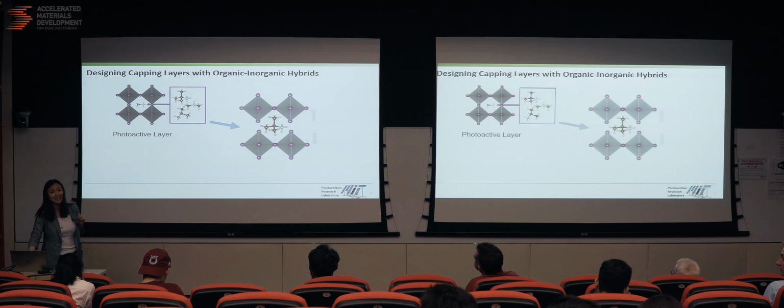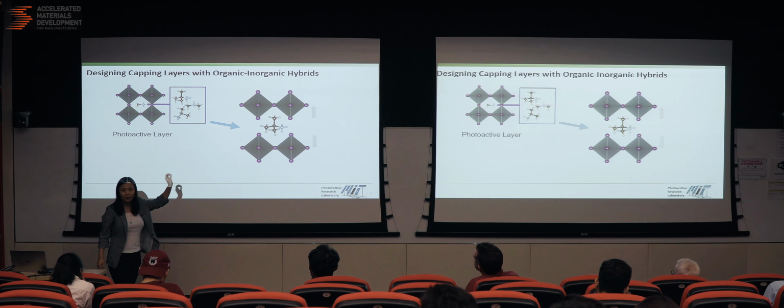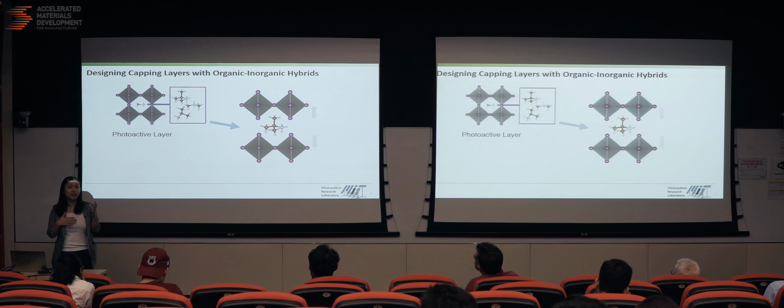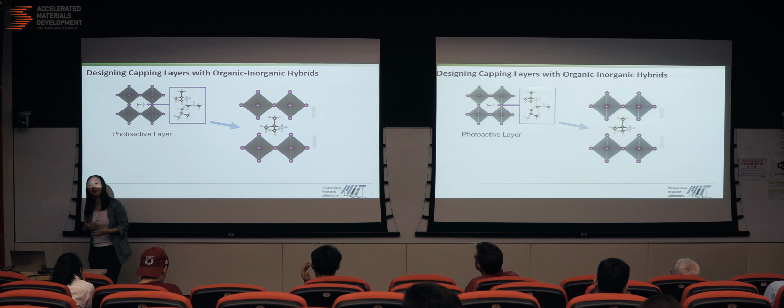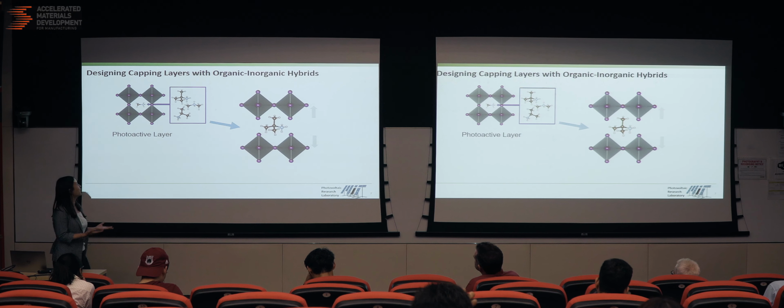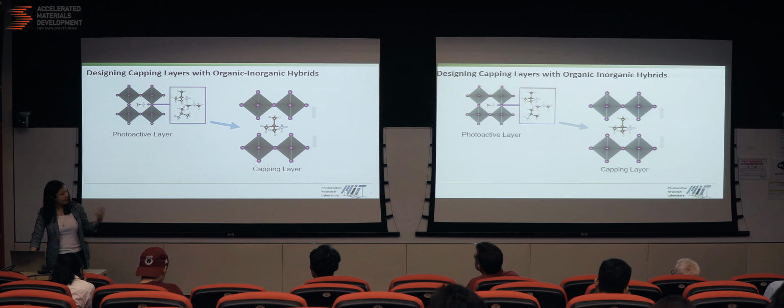Because of the different size and type of the organic molecules you put inside, although they are all positively charged, they will determine different structures, and that gives you different functions. So we are now in a field with application-driven materials discovery. Everything is new. We're exploring new materials. This is what we call a capping layer.